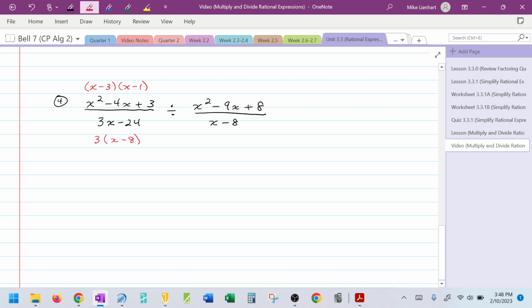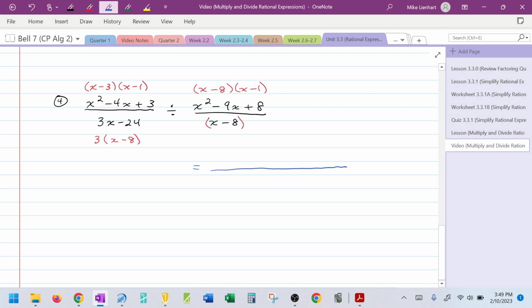In the second numerator, I have x minus 8 and x minus 1. I did goal number factoring on that. Goal number of 8, middle term of negative 9. On the bottom, I don't have to factor that. So now what I want to do is write this all as a single fraction. I'm going to drop down here. Here's my fraction bar.